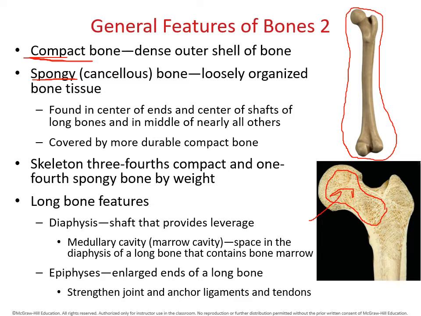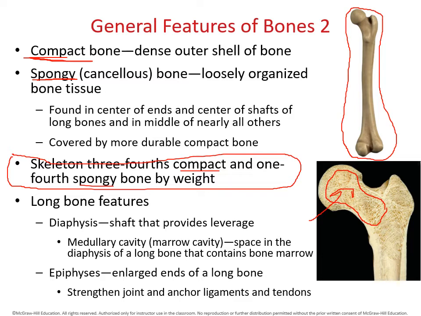But when you look at a long bone, it tends to be very common that the center of the ends as well as the shaft region, the middle section of the bone, will be spongy bone, whereas the outer part, the covering, will be more compact. Over here it has a little statement. It says the skeletal system typically is about 75% compact and 25% spongy.